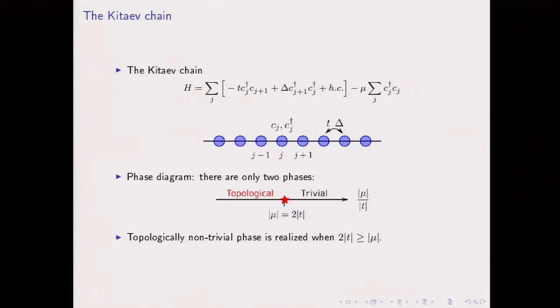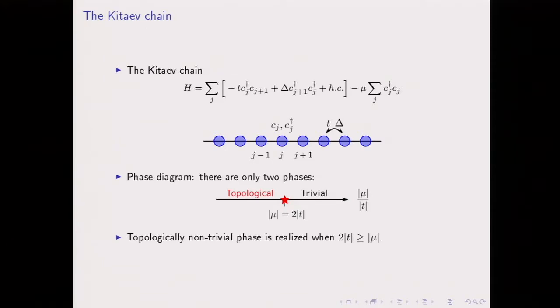This model realizes a topological phase, a topological superconductor phase, in particular if the hopping and the pairing potential are bigger than the chemical potential. Sociologically, this phase is of much interest now, because it is experimentally realized that it can host Majorana fermions on the boundary, and it can be used for some interesting quantum information purposes.